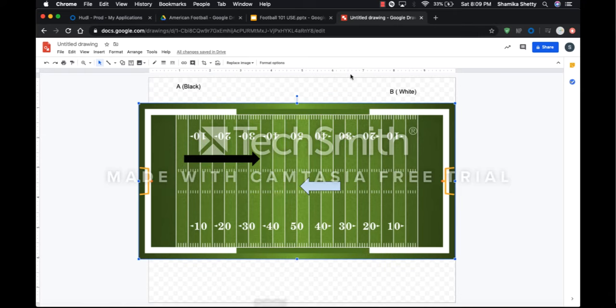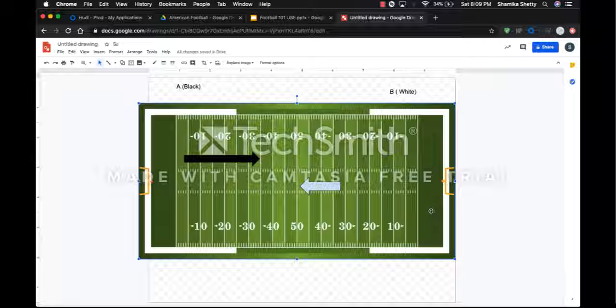Now, in this example, Team A and Team B, Team A was the offensive team. Team A has scored a touchdown. They move from left towards this end zone. They've carried or passed the ball towards this line, went into the end zone and scored a touchdown. They've got 6 points for that. After that, they get another chance. That chance has two options.